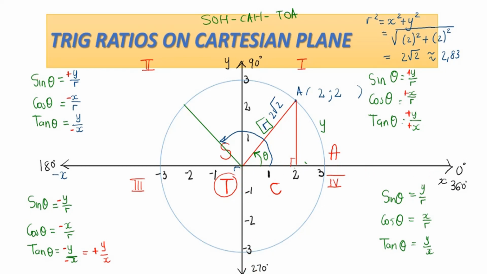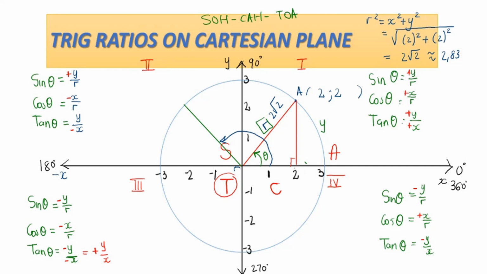So sine of theta will be negative y over r. The cos of theta will be positive x over r, because the x values are positive on this quadrant, and the tan of theta will be negative y over x.